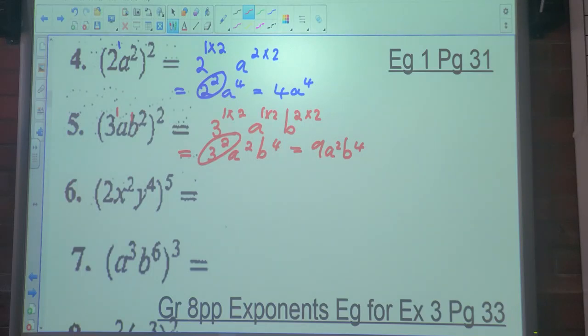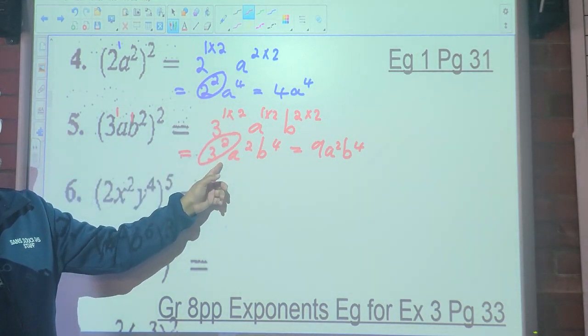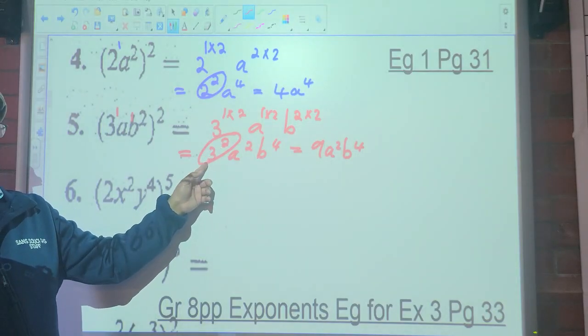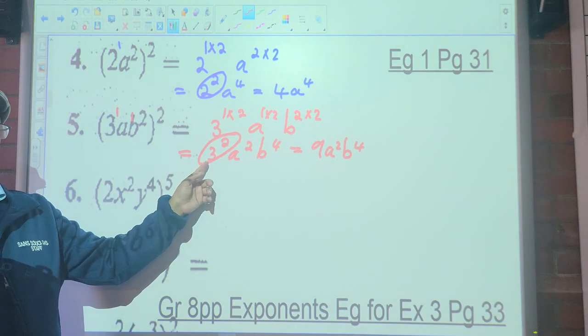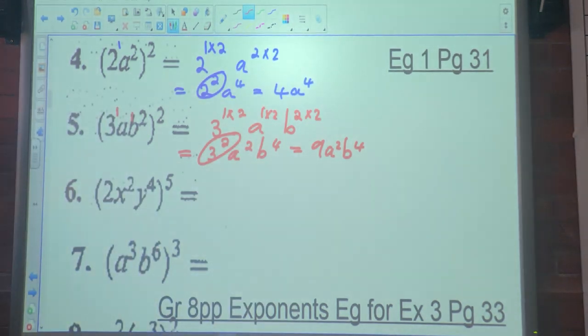I didn't do that by the 3, so you don't have 3 squared. So what do you have here? I do have 3 squared, but I didn't simplify further. You will always go further. Do number 6 quickly.